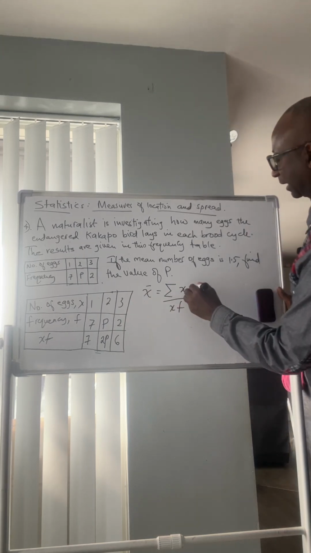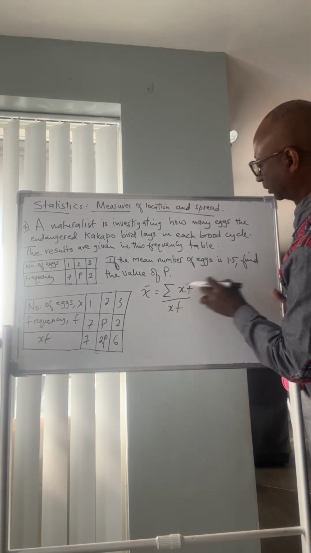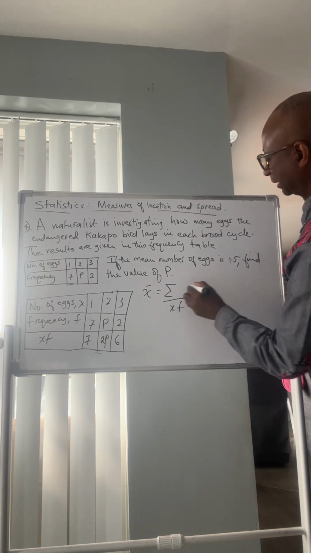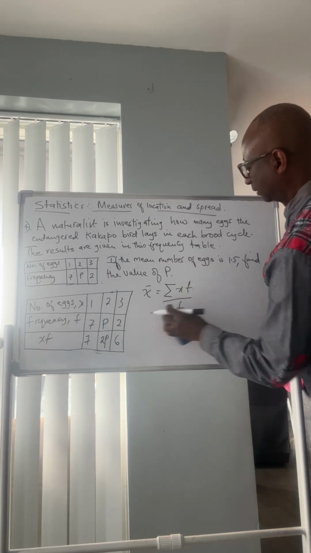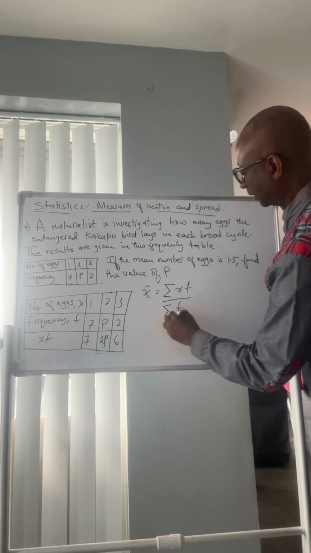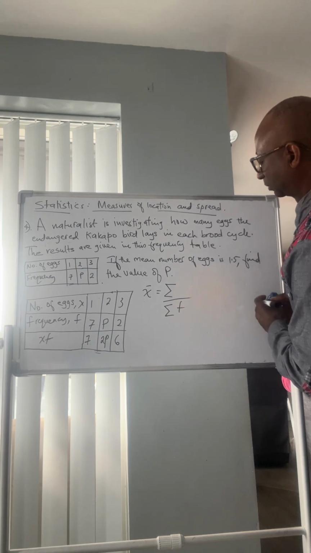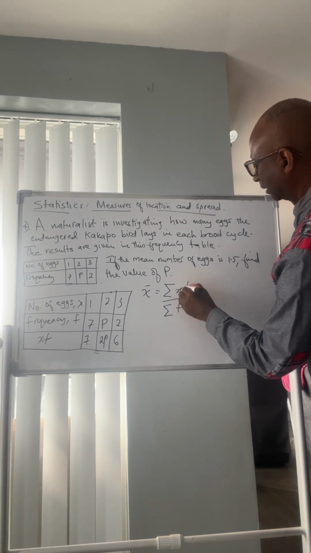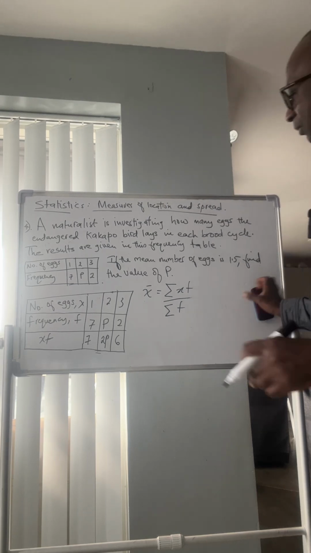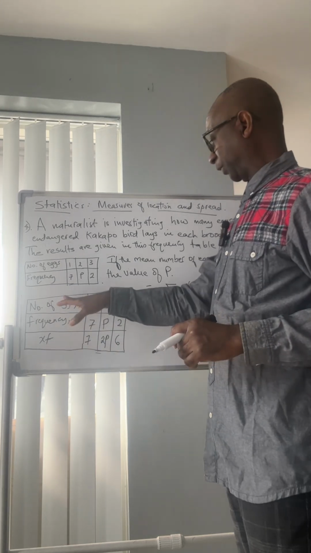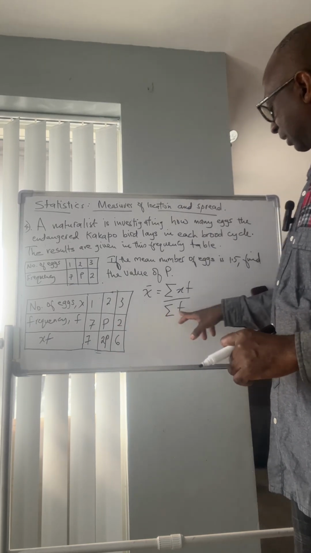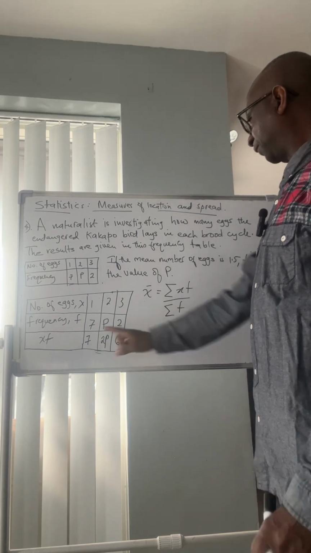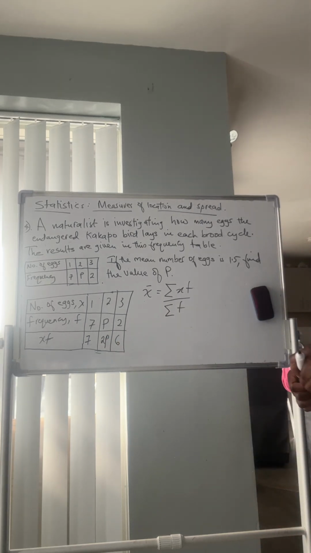Sorry, this xf should be here. That is the summation of the frequency times the number x. That's what you get at the top, divided by the sum of the frequencies. I hope you understand this formula.